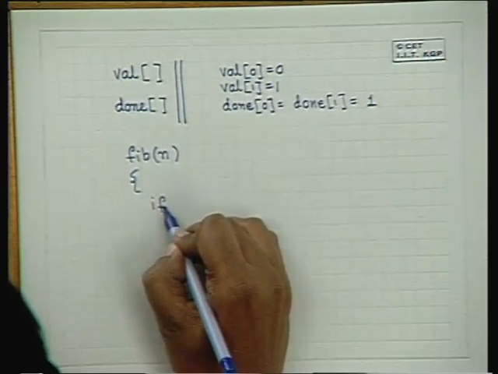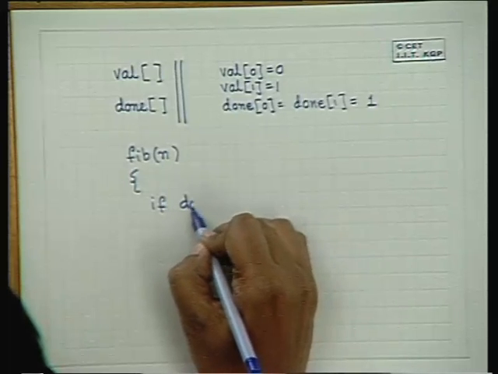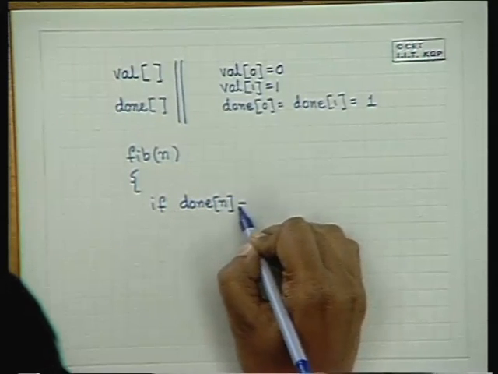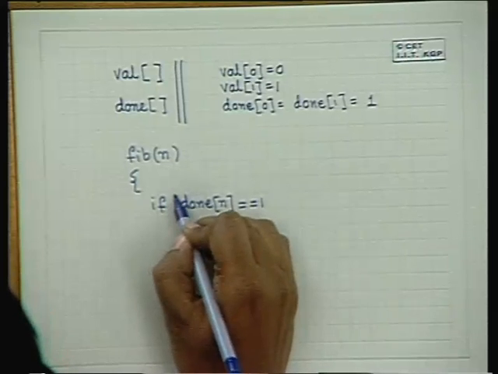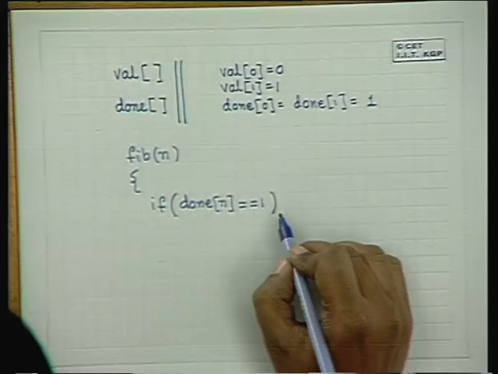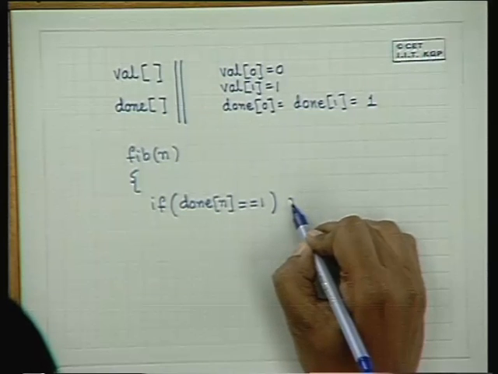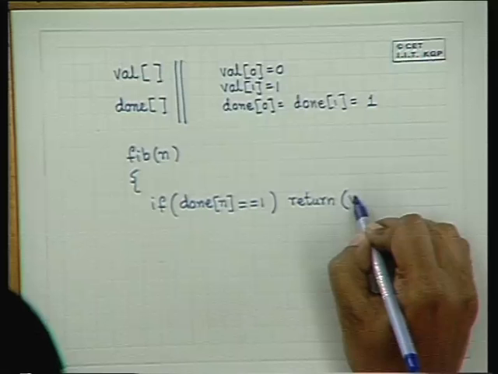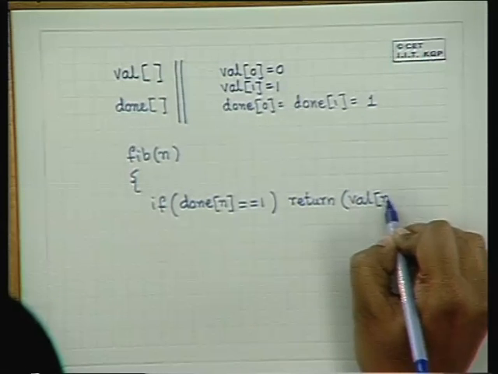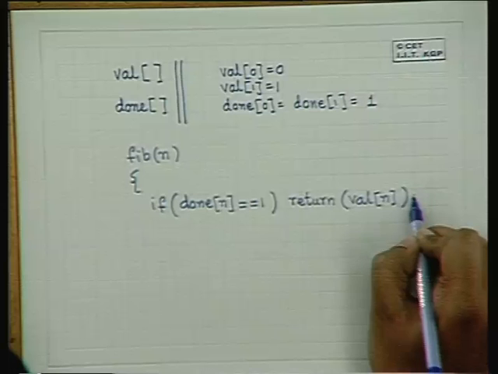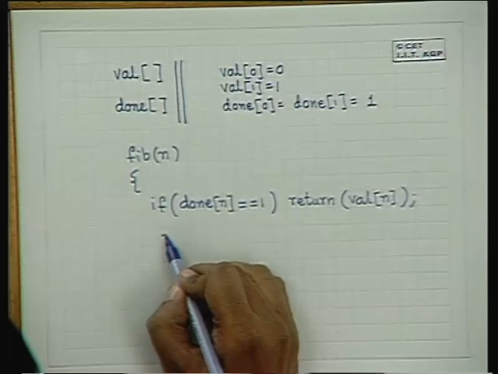If done n is equal to 1, then return, yes, return val n. Otherwise, what would you do?